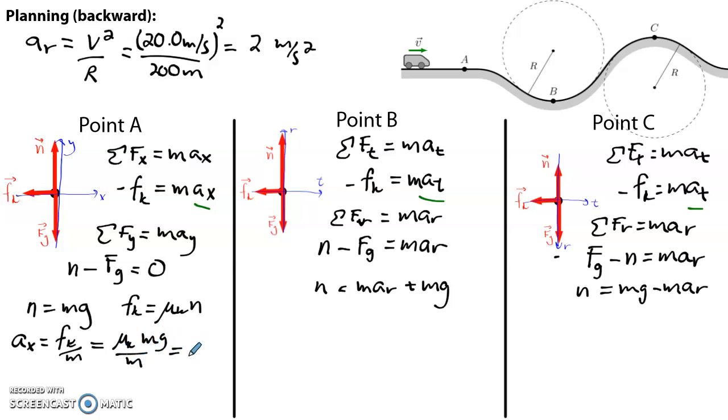So we will simply get mu k times g. Now here, please note that I forgot something important, which is the negative sign in here, which means that in the end we get a negative acceleration as we expect. In the first one, the value of the acceleration will just be equal to minus 5.9 meters per second squared.